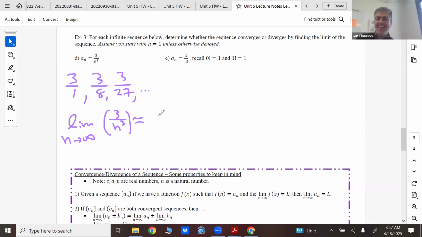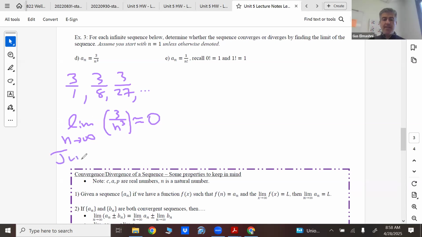Okay. If n gets really large, think intuitively, the top doesn't change, but the bottom does. Overall, we can say they're close. And by the way, we've seen this before. This is not new. Isn't that a rational expression? Haven't we talked about limits of rational expressions as n approaches infinity? Horizontal asymptotes, right?